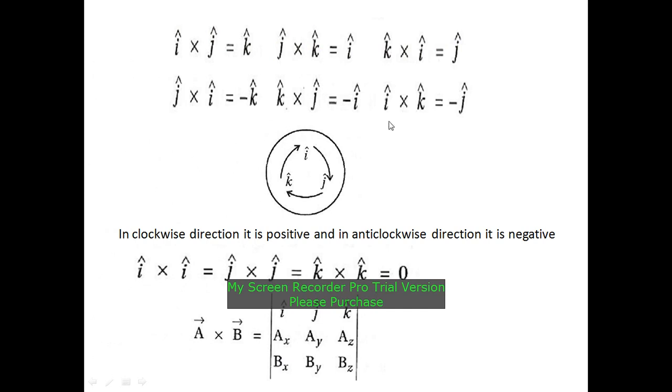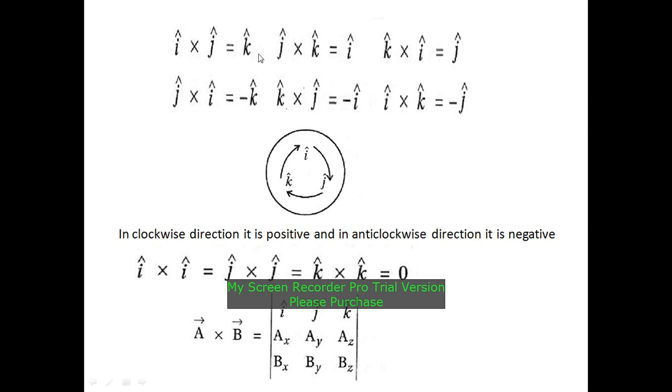So this is the clockwise anti-clockwise rule for cross product. So i cross j gives you k, right? You can use the right hand thumb rule to check the direction of vectors.